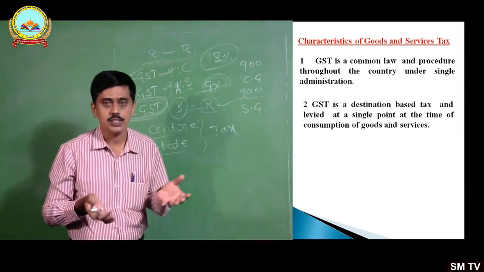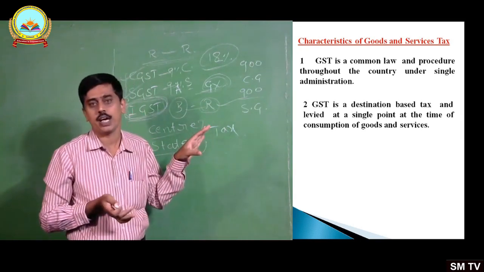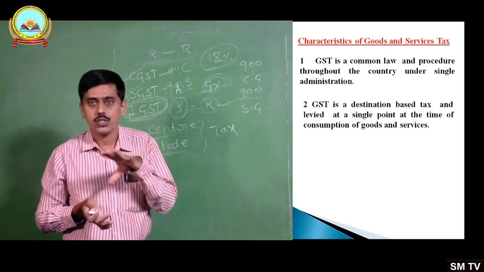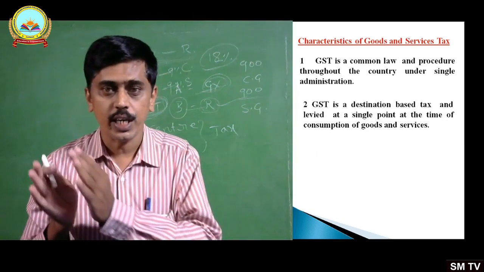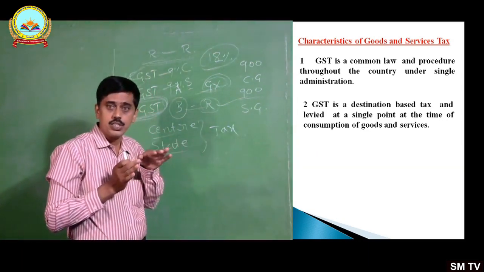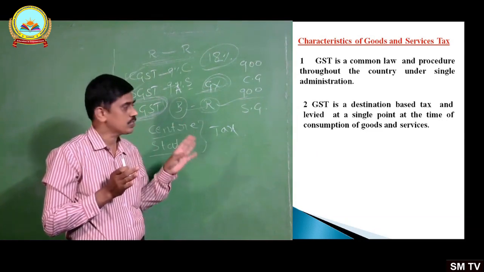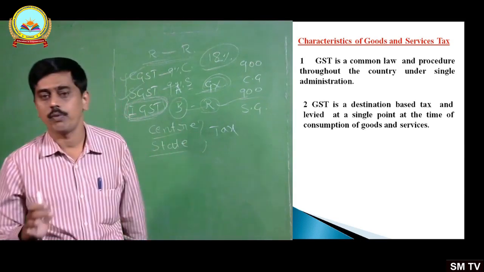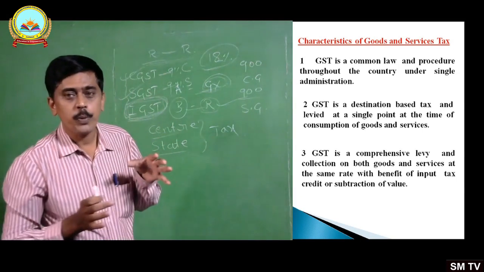And the second one is, GST is a destination based tax. Already discussed. It's a destination based tax levied at a single point at the time of consumption of goods and services. And next, one more feature is, it's a comprehensive levy.